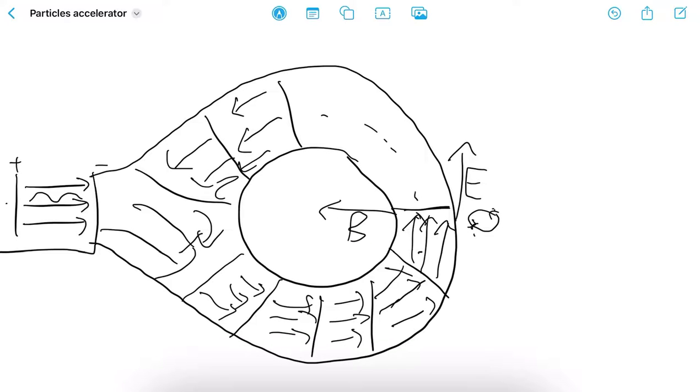It causes the protons to become more massive as their speed increases, and the stream of protons, when observed from rest, will have its length contracted. So these are the two effects that come into play when the protons are traveling at near the speed of light.